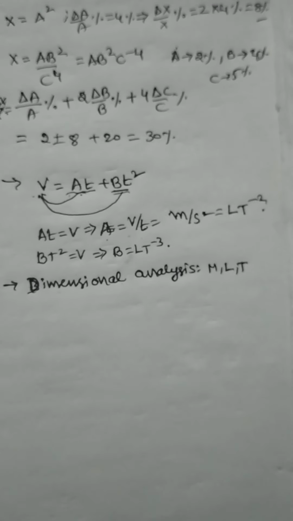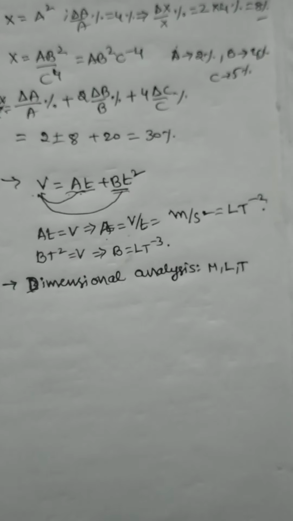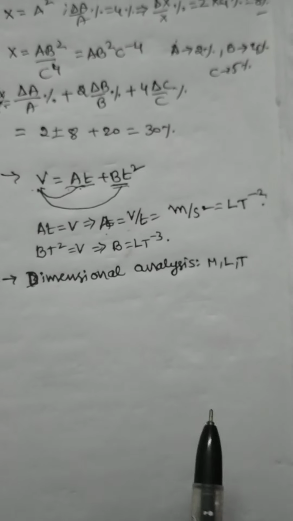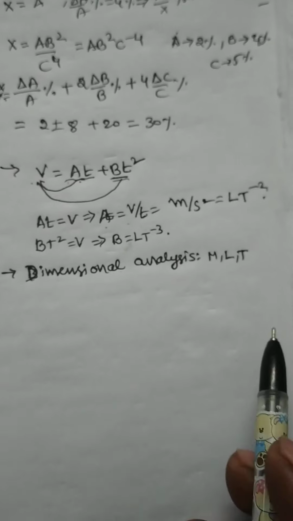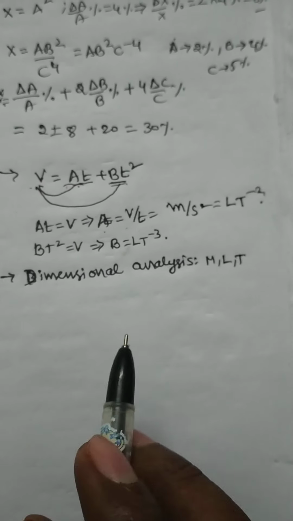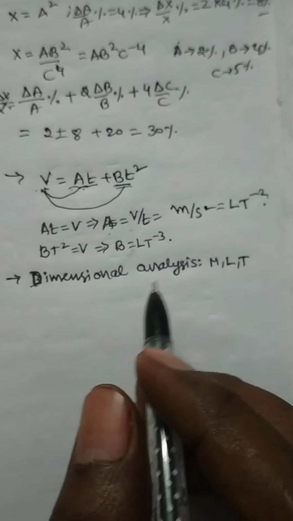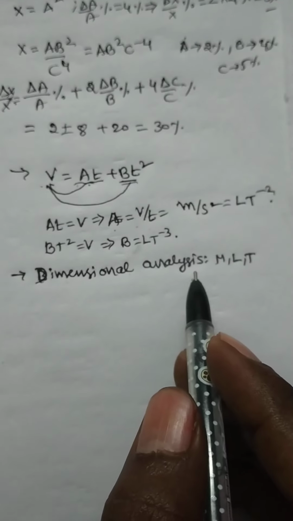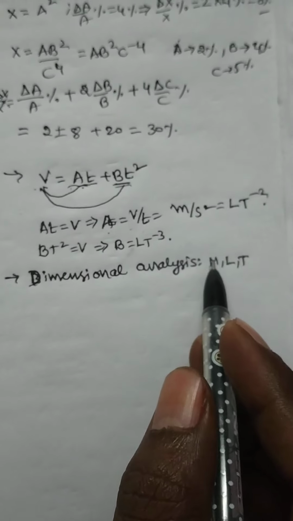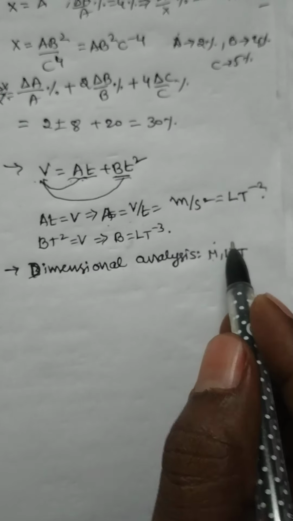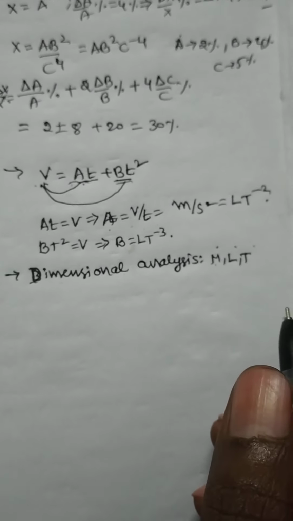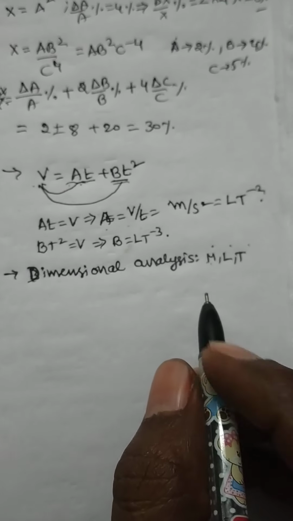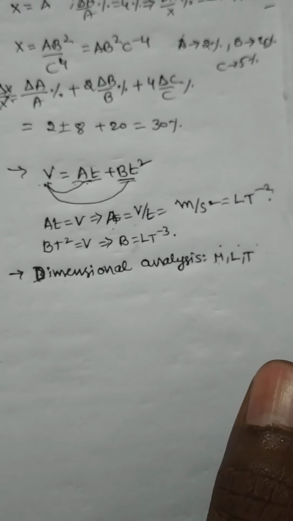That means when the physical quantity changes, the powers of mass, length, time also change. So the dimension analysis uses an equation where the powers of the fundamental quantities are raised, and they are represented in a particular equation.